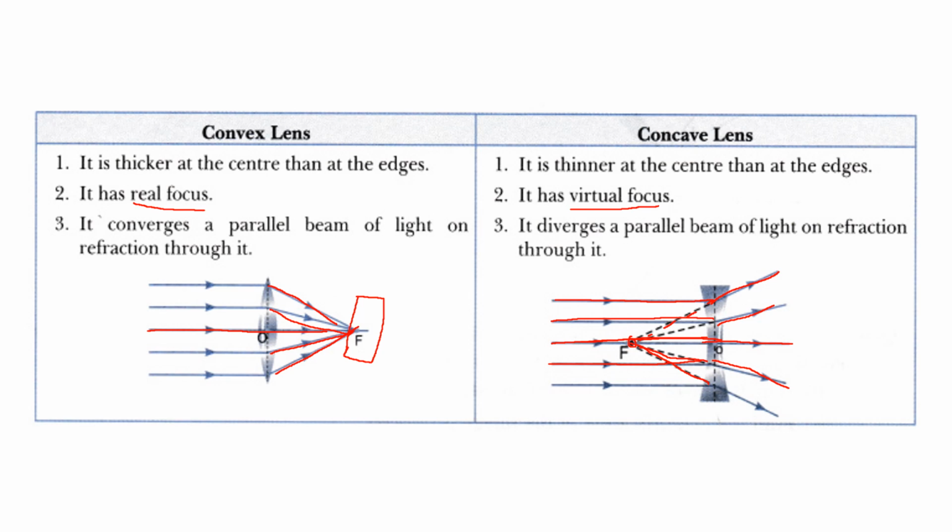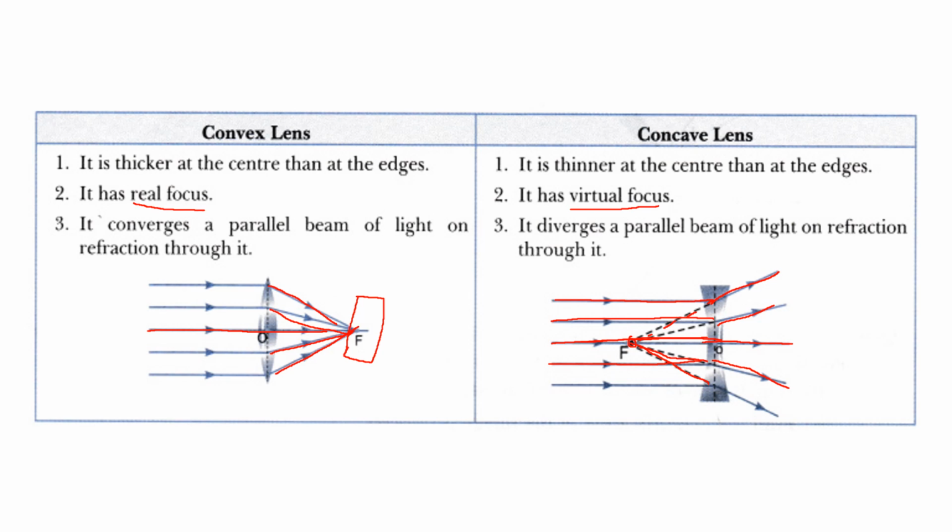A concave lens diverges the parallel beam of light on refraction through it. So these are the different characteristics of convex and concave lenses. We have already done concave and convex mirrors. In case of mirrors, concave mirrors are converging and convex mirrors are diverging.